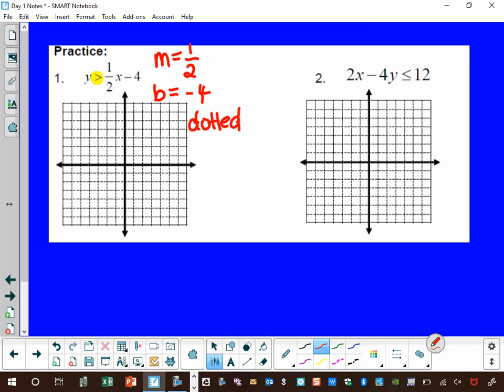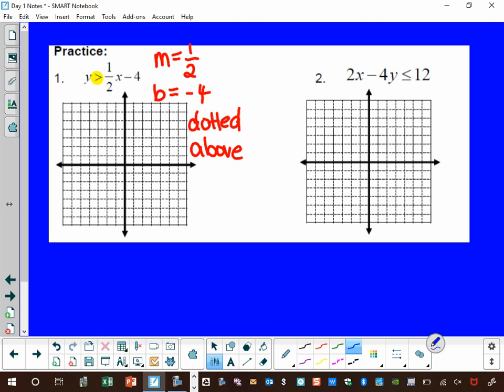So if it's dotted and it's greater than, do I shade above or do I shade below? If it's greater than, I'm going to shade above. Write that down. The reason why I want you guys to write it down is because if you know that you're making that actual effort to write it down, it sticks in your mind a little bit more. Okay? So, let's start with my y-intercept.